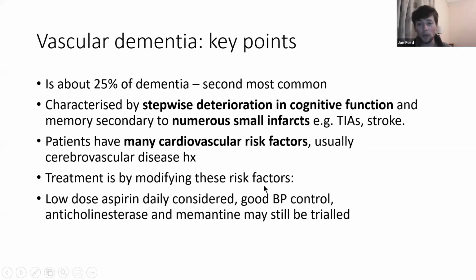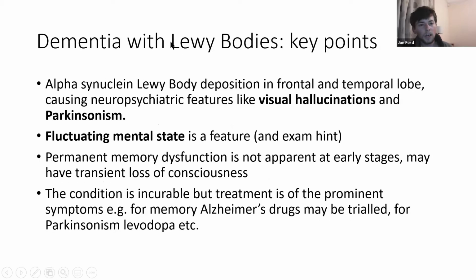If they've had a stroke, you can't reverse that, but you can try and prevent further vascular events. So aspirin, good BP control. And even though those other drugs we talked about are Alzheimer's drugs, they do sometimes get trialed for vascular dementia because it does less harm than the side effects.